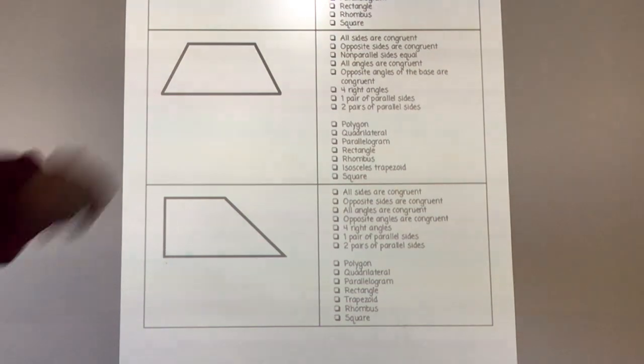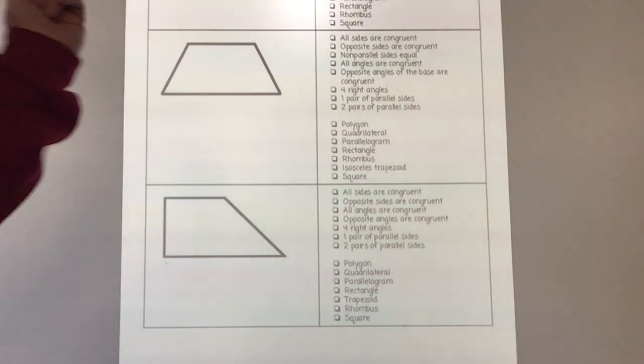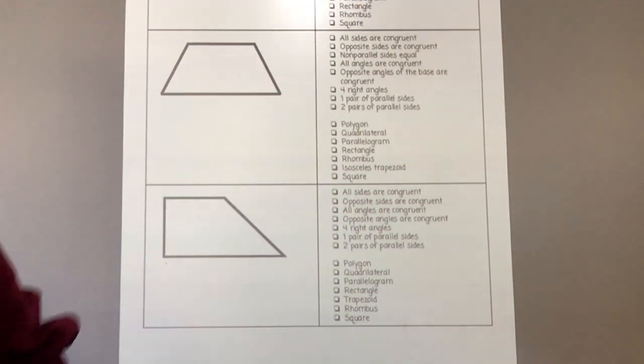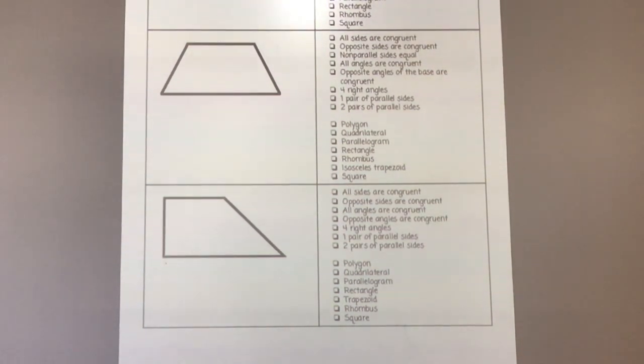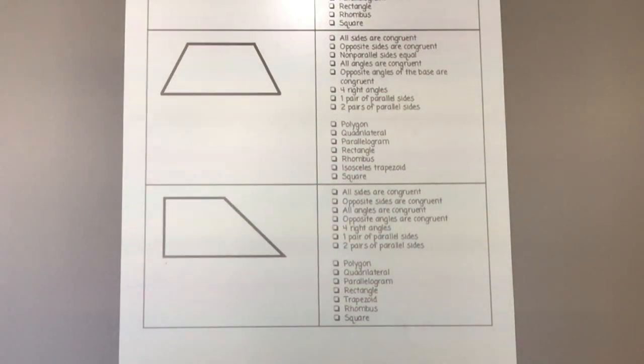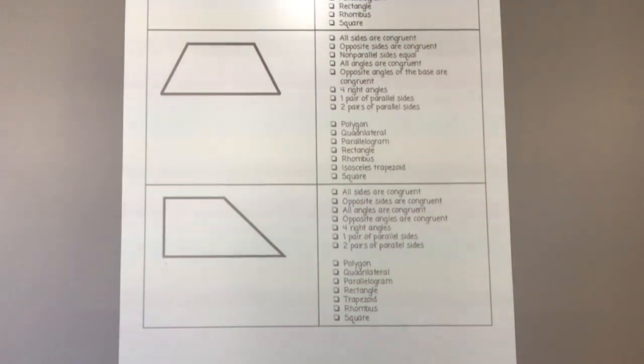Polygon. Yeah. Quadrilateral. Parallelogram. I have some friends waiting. Show me. Rectangle. Trapezoid.